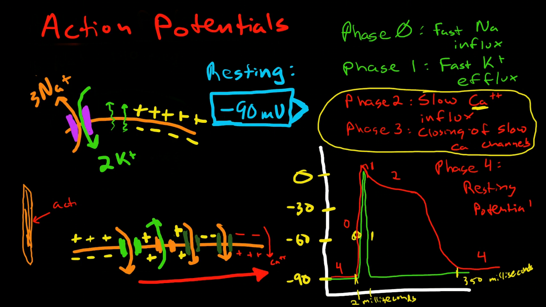So an action potential equals one twitch. And the reason we're able to sustain a contraction over a period of time, if we're trying to lift a heavy object, is that there are many action potentials coming together in a sort of train, and this causes a sustained contraction.